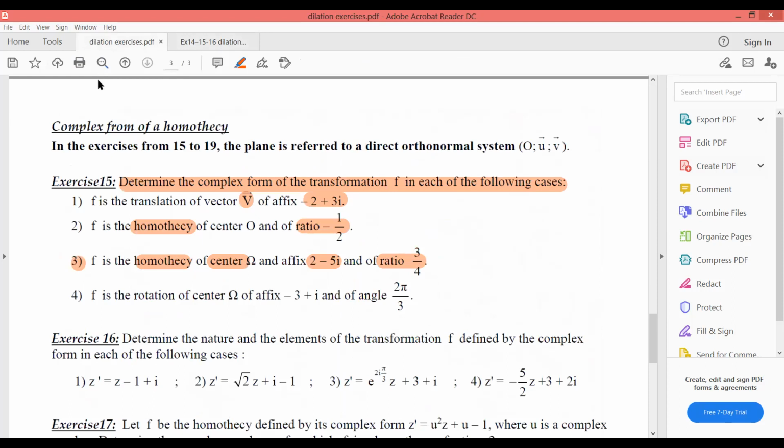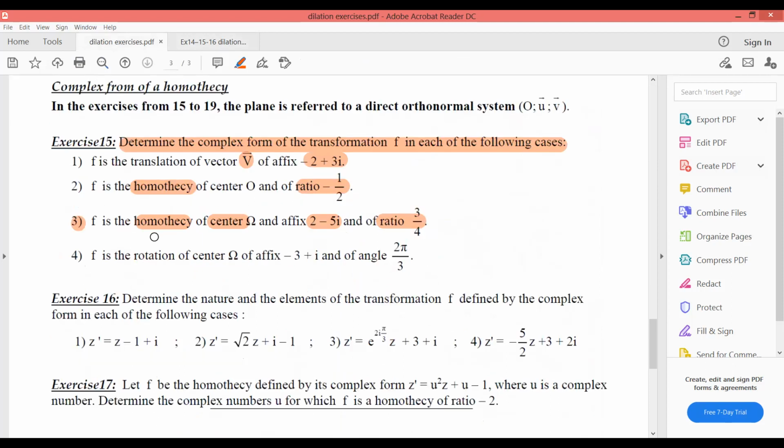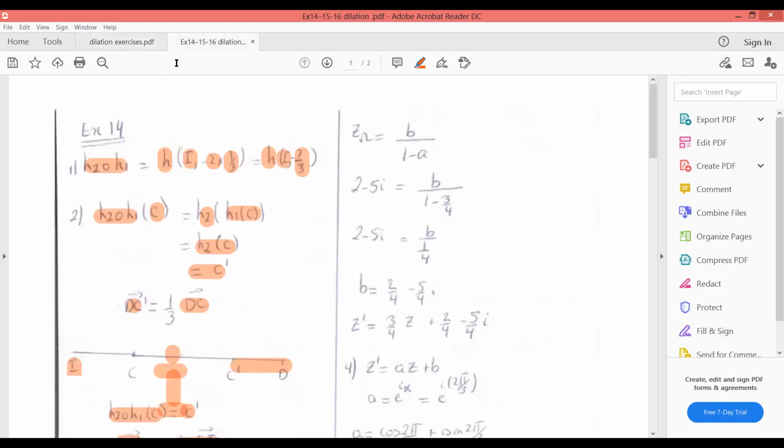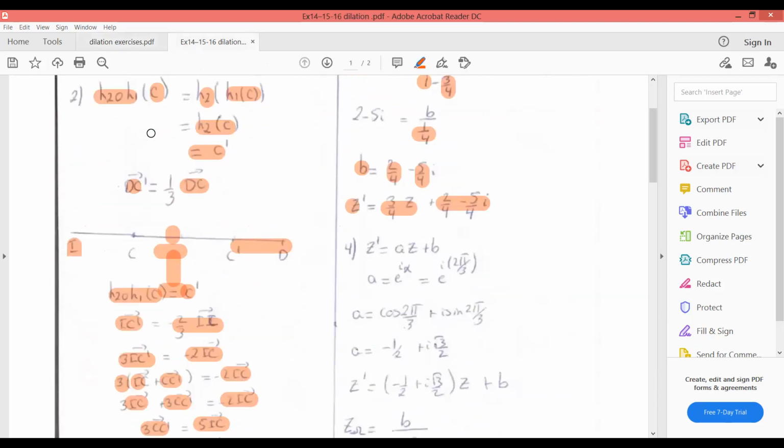Part 4. F is a rotation of center omega of affix minus 3 plus i and angle 2 pi over 3. So I put Z prime equals aZ plus b, a equals e to the i alpha. It is equal to e to the i 2 pi over 3.